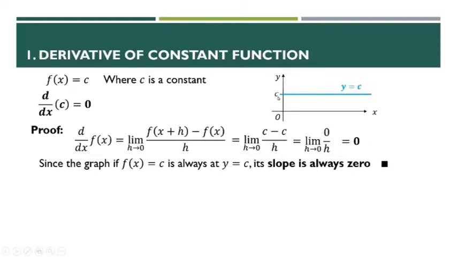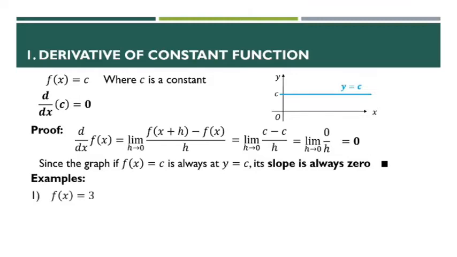So what we are looking for here is the derivative, which is actually the slope of the curve or the line. And it is always equal to 0 since the function has a graph that is a horizontal line, y is equal to c. So its slope is always 0. So this is true since the derivative is 0.